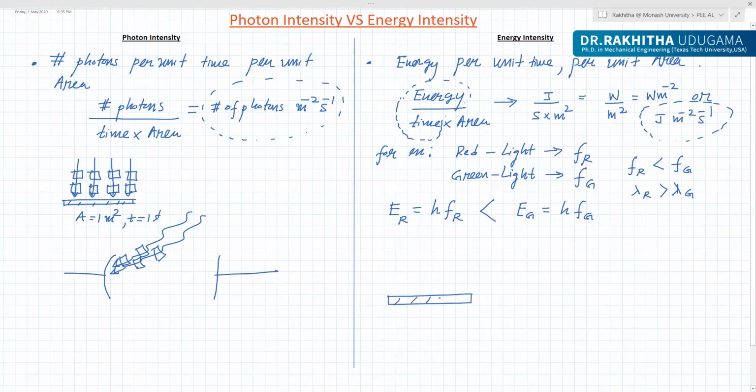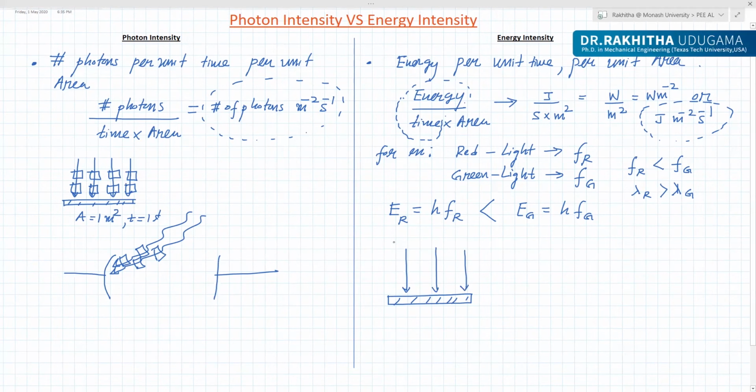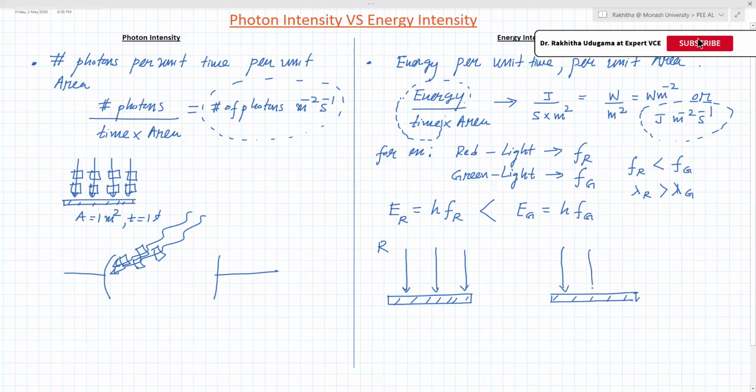Now, if we are thinking about the same energy intensity, this is for red color, and here the same energy intensity for green color.